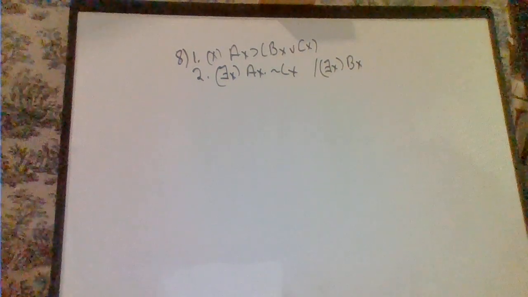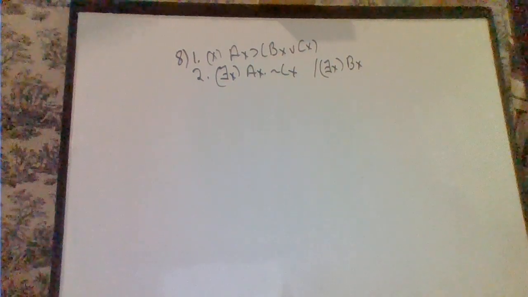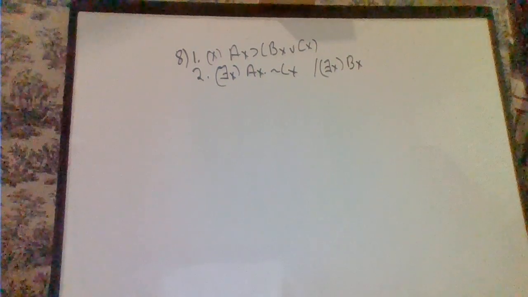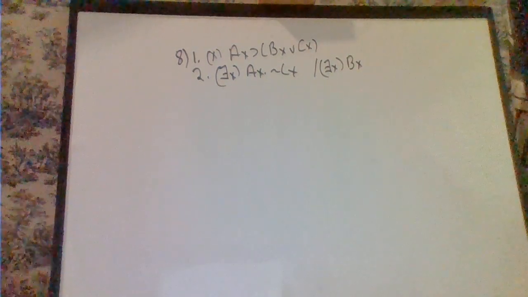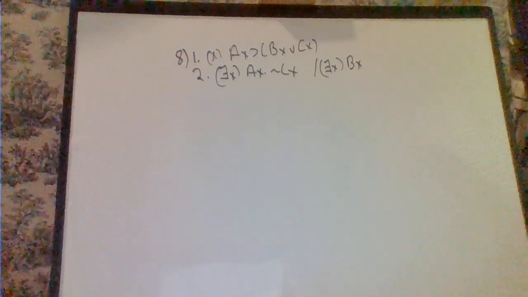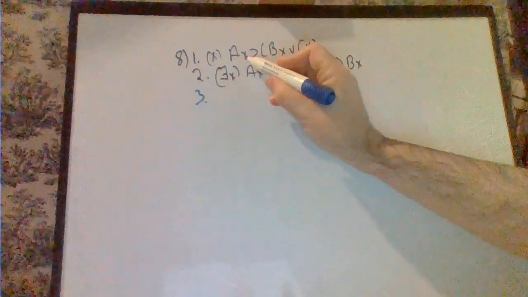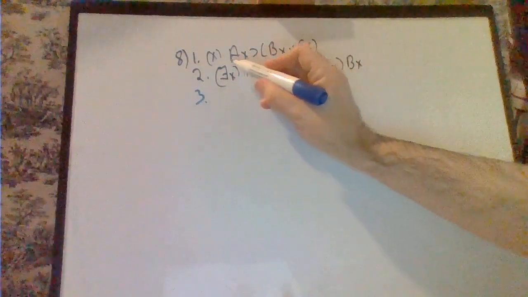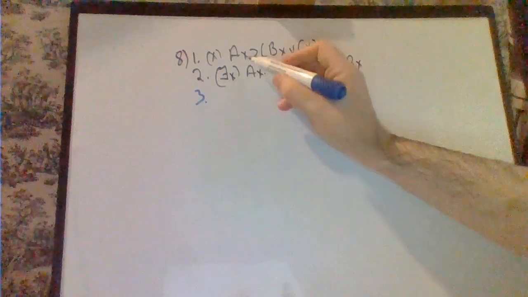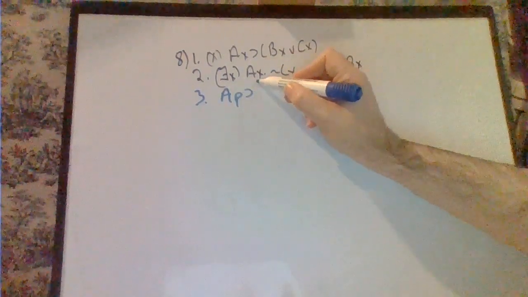So number 8, we're back to just using the one variable of x. Again, we can replace that with whatever letter we choose to replace it with. We haven't used p yet. Let's use p. That'll be fun. So on line 3, we'll take line 1 and we'll do a universal instantiation. Get rid of the quantifier, replace the x with the p, or whatever letter you chose to use.